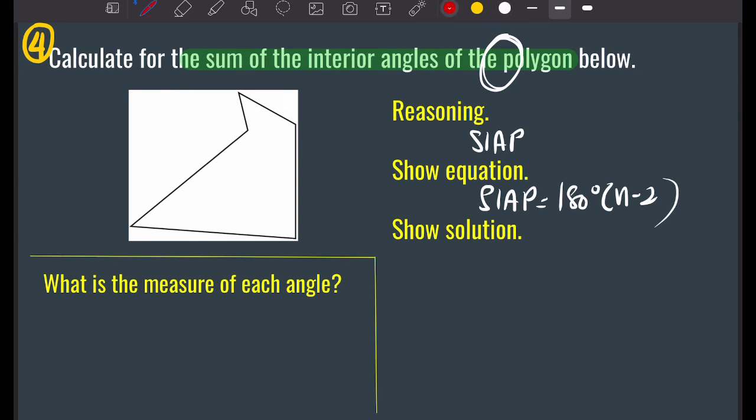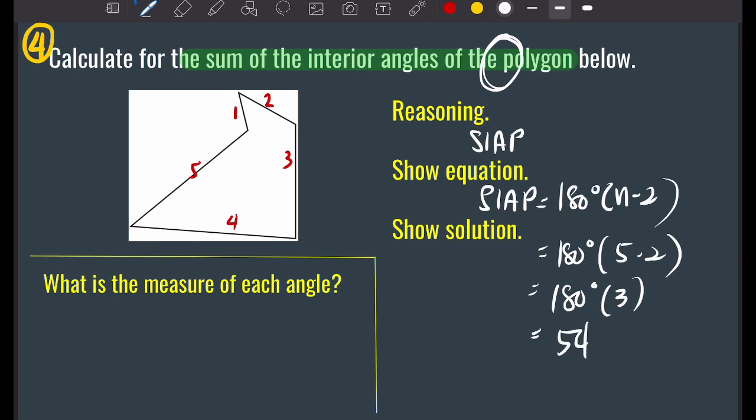Now let's count. How many sides? 1, 2, 3, 4, 5. So it's a 5-sided polygon. Let's solve it: 180 degrees times (5 minus 2), 180 degrees times 3, and you have 540 degrees.